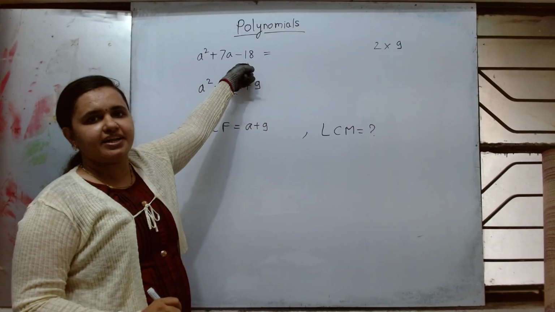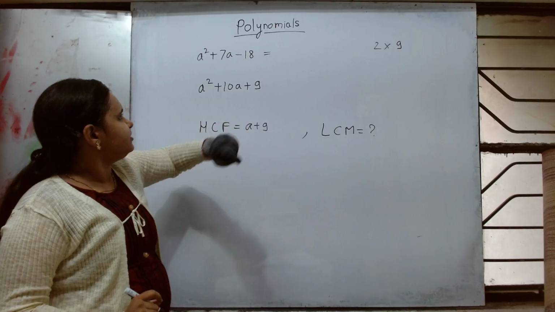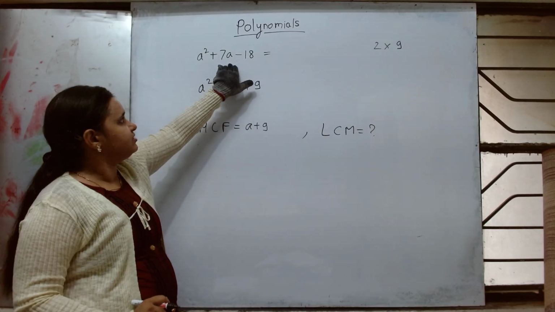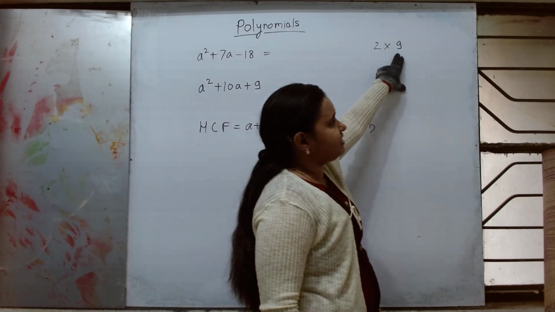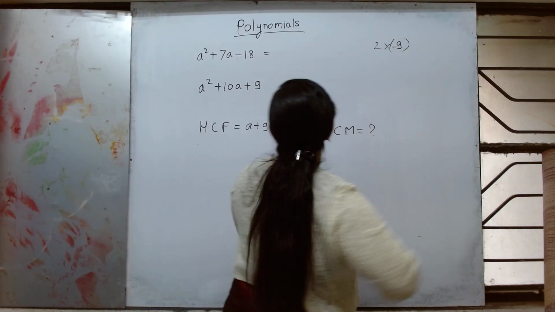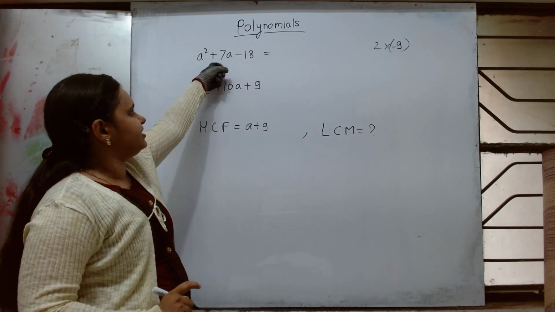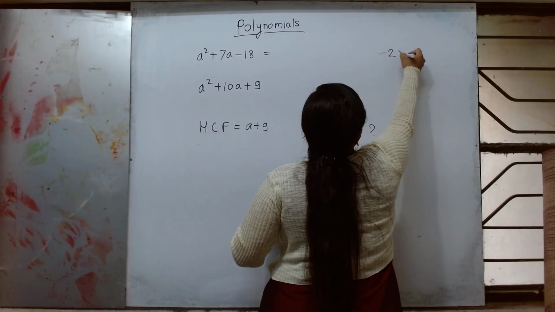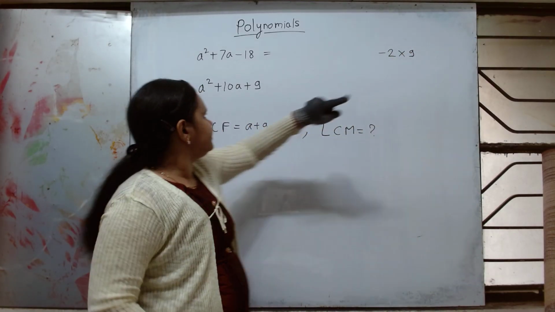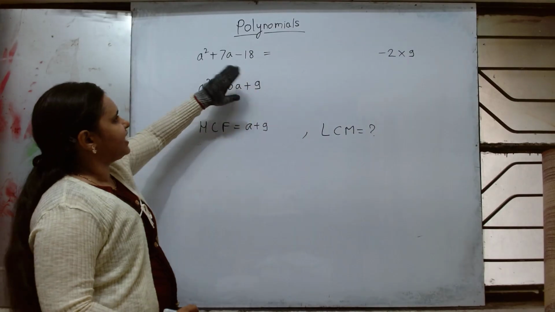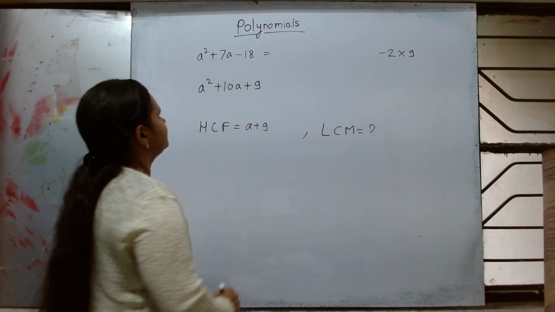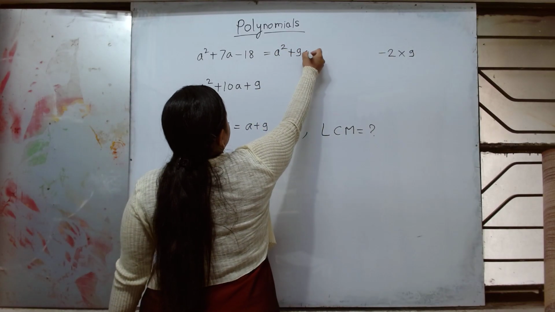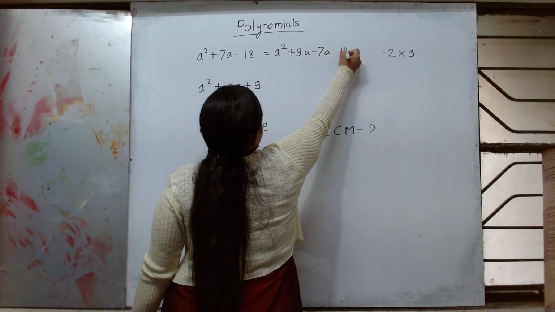We want multiplication as minus 18, so if we take one number as minus, the sum should be plus 7. We can't take minus 9, because then it would be minus 7a, but we want plus 7a. So it should be minus 2 into 9. Minus 2 into 9 is minus 18, and their sum is 9 minus 2, plus 7. So the two factors will be a square plus 9a minus 2a minus 18.